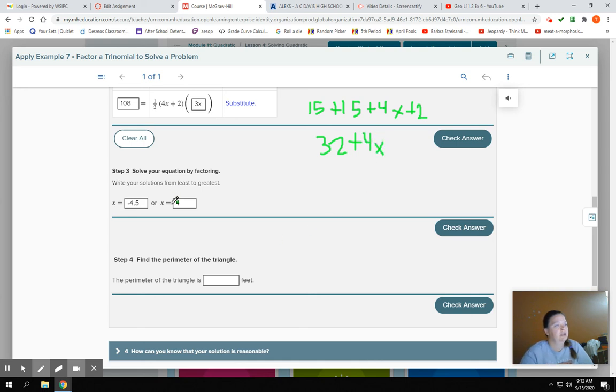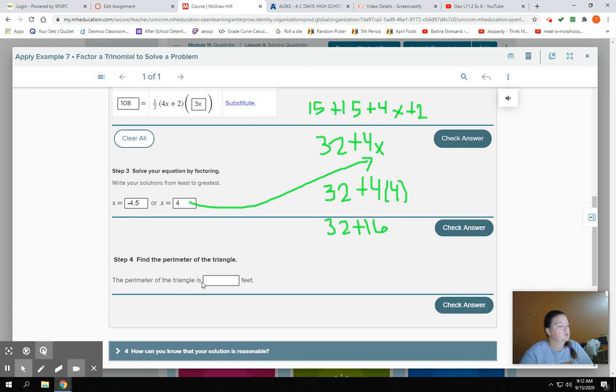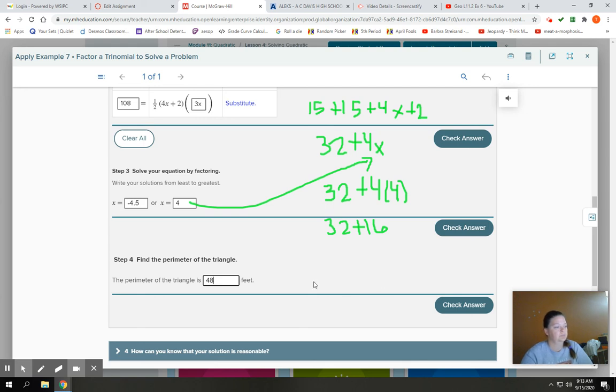And we now know that x is 4, so we're going to plug 4 in for x. So we get 32 plus 4 times 4, which is 32 plus 16, which is 48.